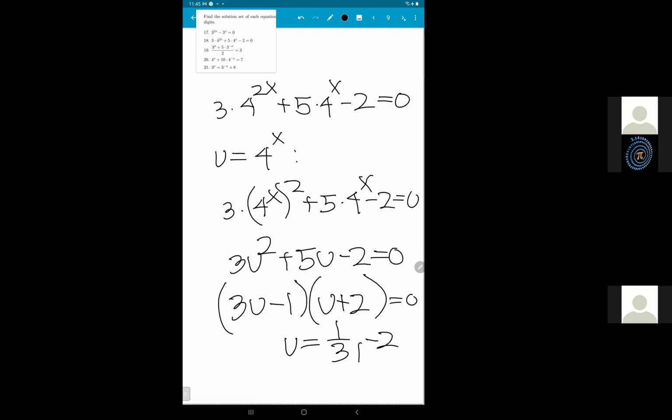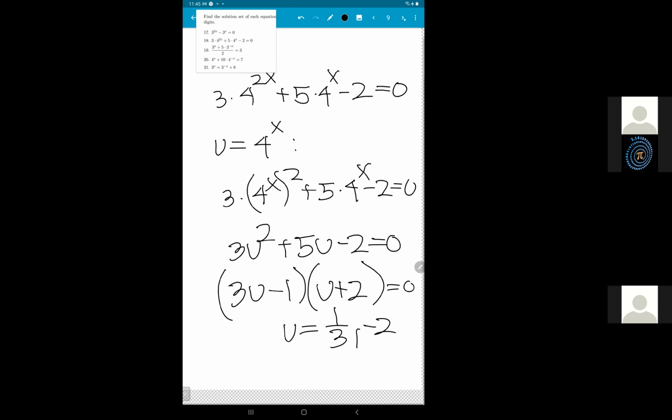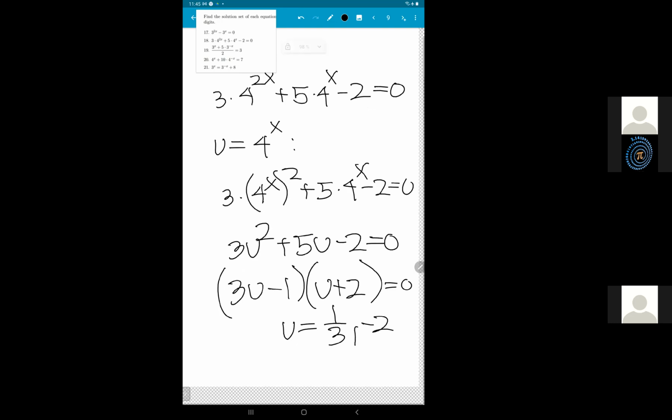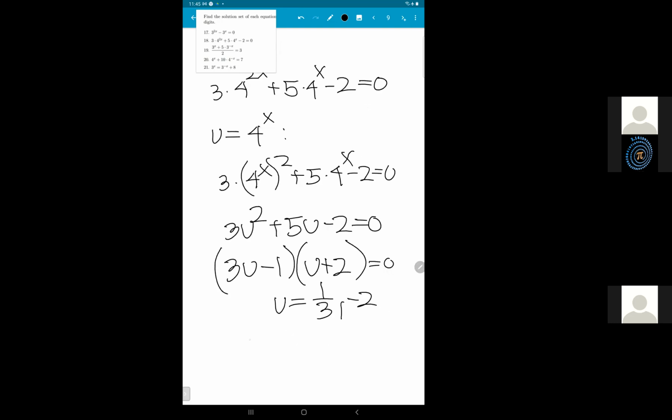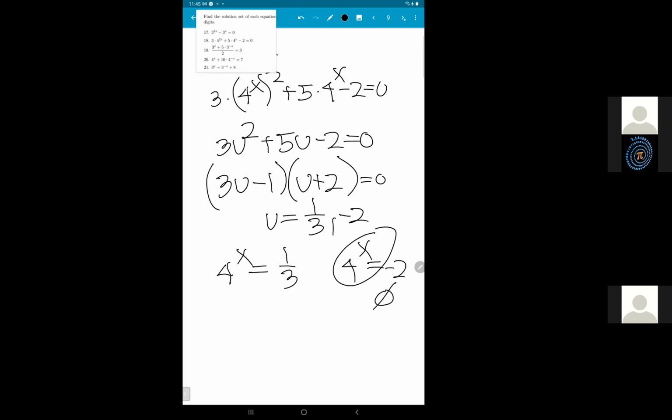Almost the same as earlier but the difference is base 4. So since u is equal to 4 to the x, 4 to the x equals 1/3. And 4 to the x equals -2. This one is automatic, it has no solution. Because an exponential cannot be negative. So for this one, you just take the ln.